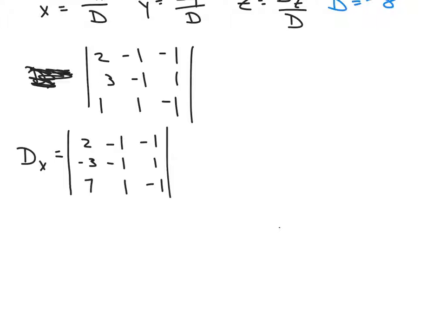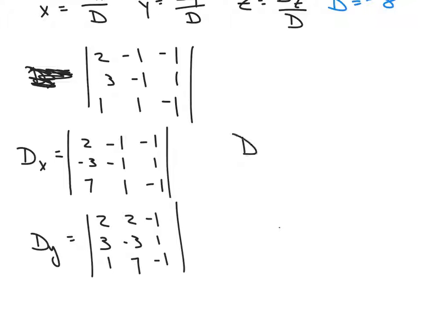Now the D of y is going to be another 3 by 3, but in this case it's going to be 2, 3, 1 from this here, and the next row is going to be my answer row. Okay, and then the third column is going to be my negative 1, 1, negative 1. And then I'm going to find my 2 by 2s and do the matrix there.